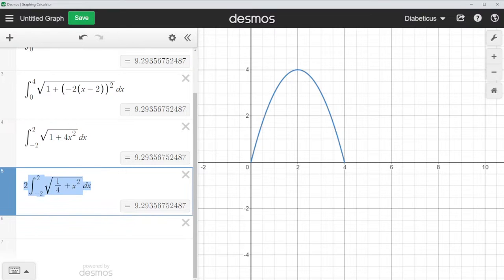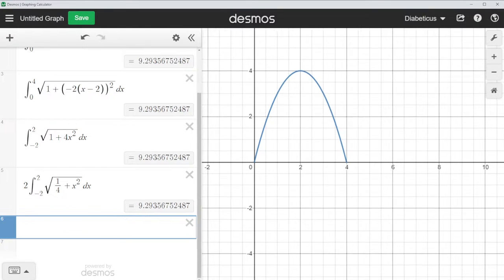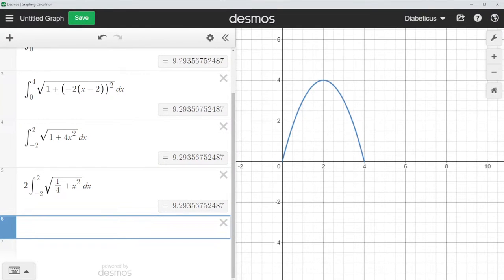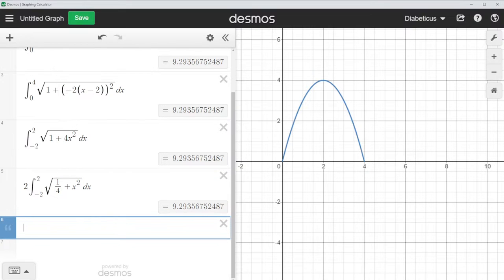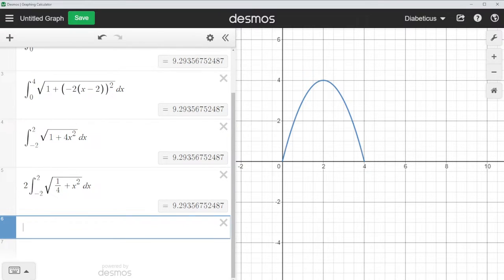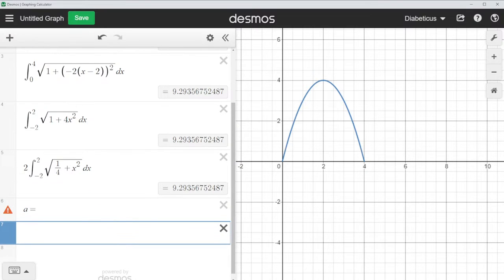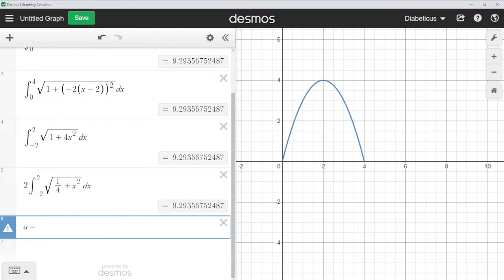Alright, so this is where all hell breaks loose, because then you need to use integral strategies to solve for this. One of these strategies is to define some variable a.